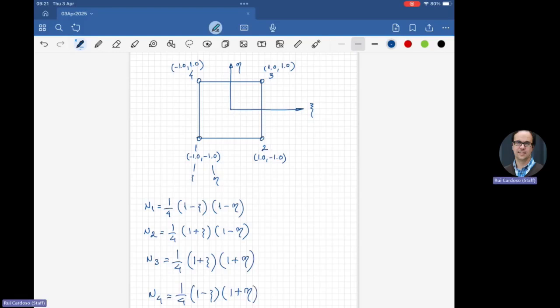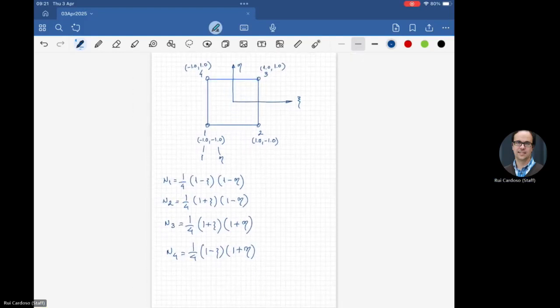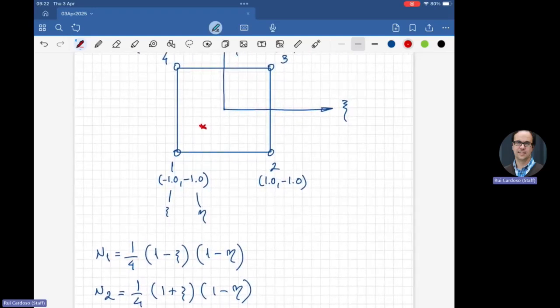So with these shape functions, for example, if I want to know, for this point here, imagine this point here with c and eta coordinates minus 1 over square root of 3, minus 1 over square root of 3.